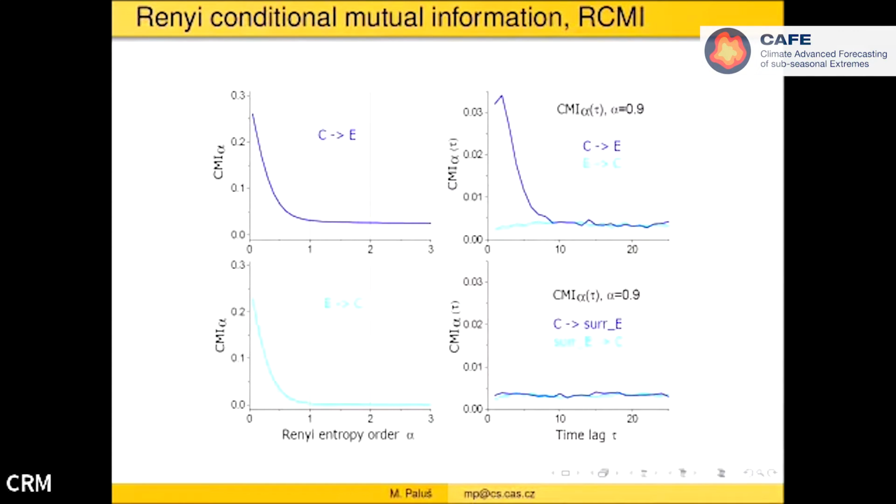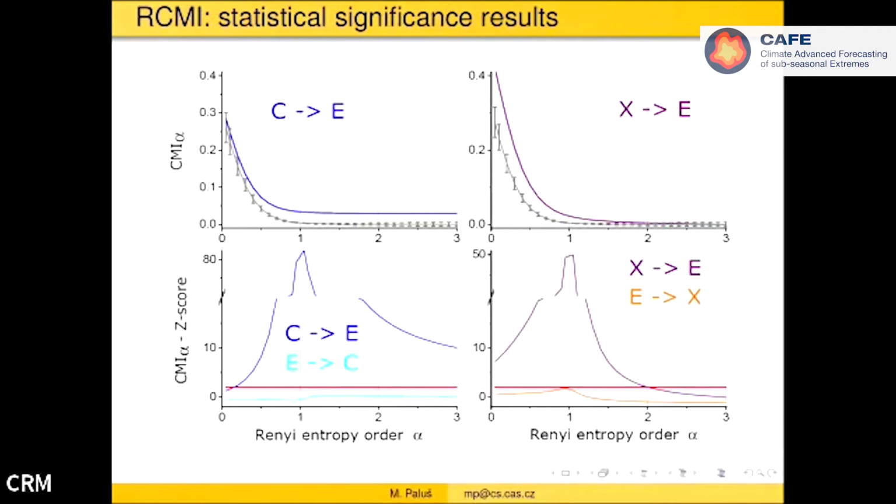Here is the causality of the original data, and when we use the summarization of surrogate data, we can see that everything is at some kind of zero level. We always get positive values, but we will see that this will not be statistically significant.